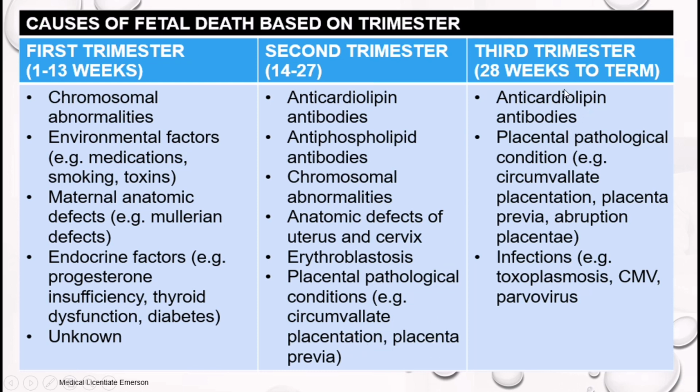Then under third trimester, which occurs 28 weeks to full term, we can have anticardiolipin antibodies, placental pathology conditions such as the same ones. So we can have circumvallate placentation, placenta previa, abruptio placentae, and of course infections from toxoplasmosis, CMV, and parvovirus.